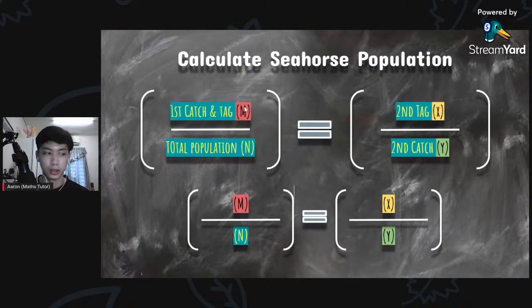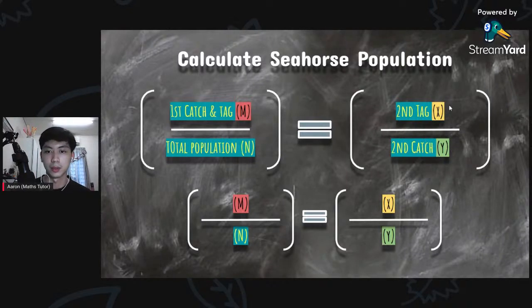You see the method is almost similar to the previous question. This equals the second tag over the second catch. The second tag, we have 40, which were caught back tagged, and the second catch is 200.